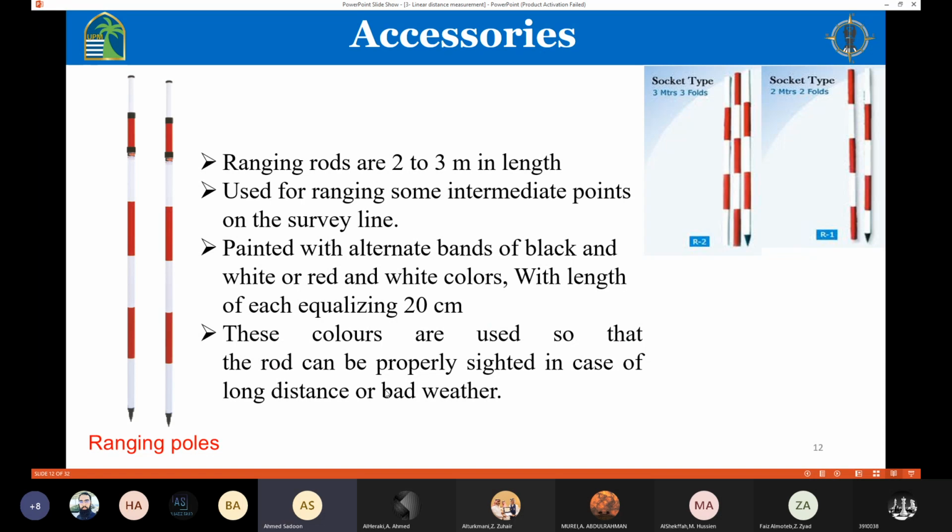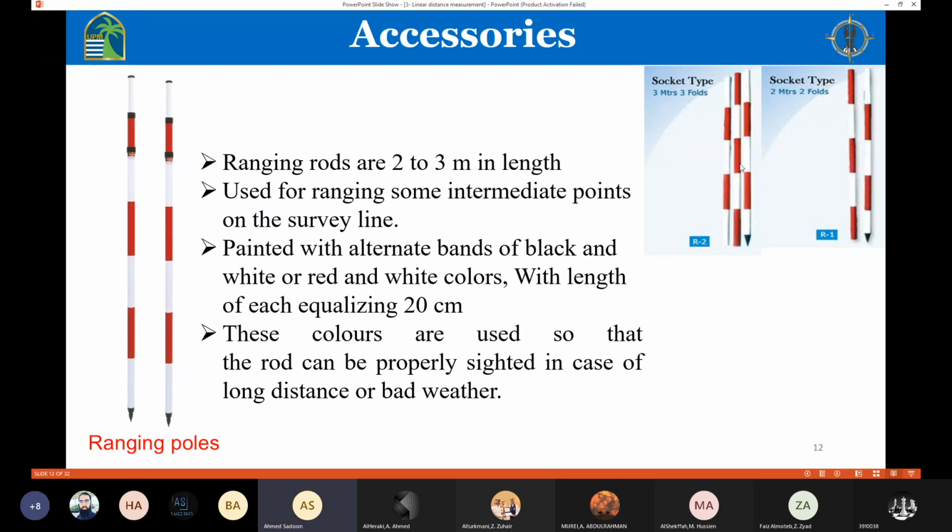Sometimes you make the measurement and the distance is very long, and sometimes you have bad weather. So for you to properly see the location, we paint the ranging poles with alternating colors.